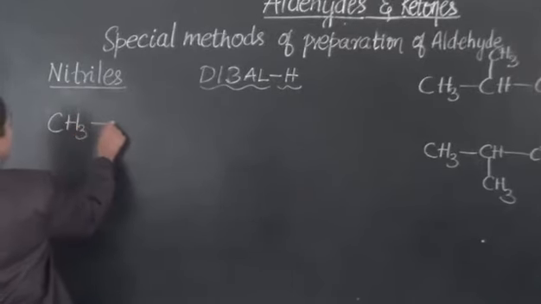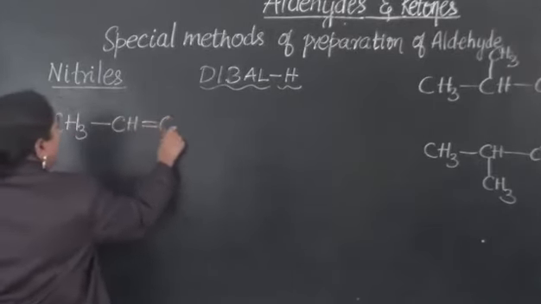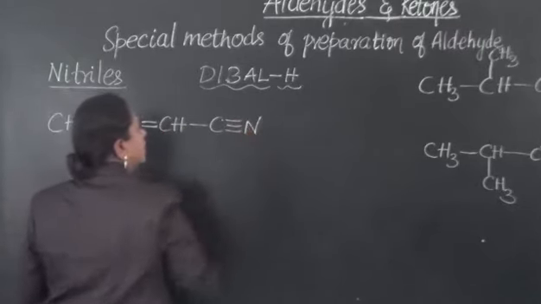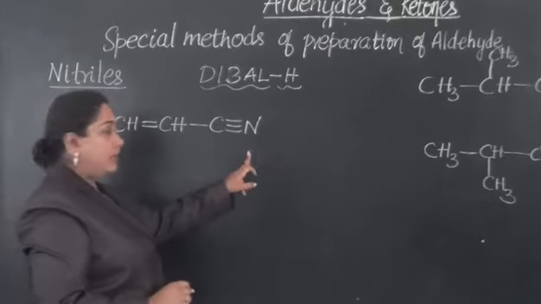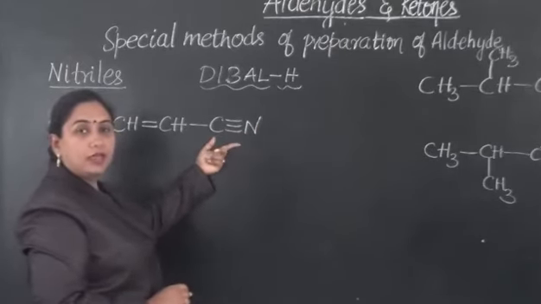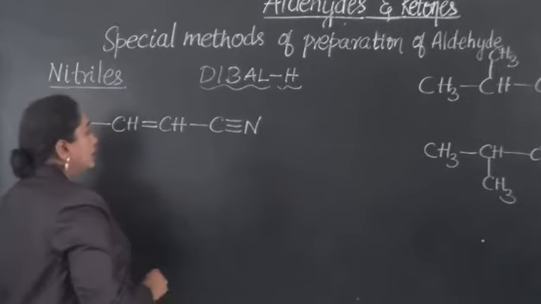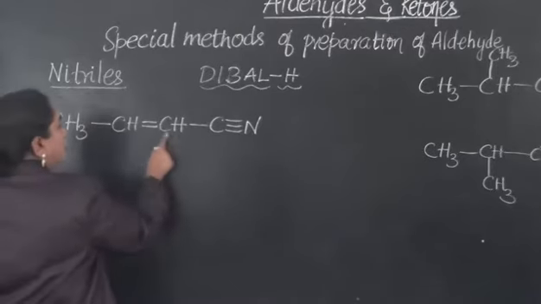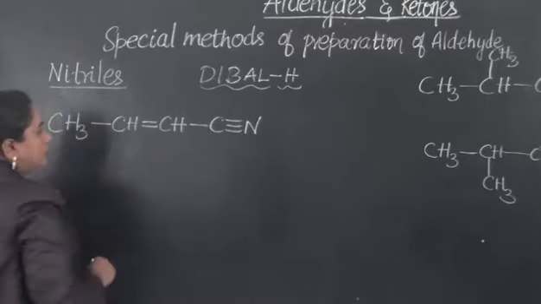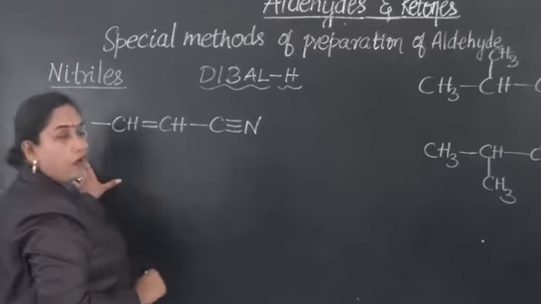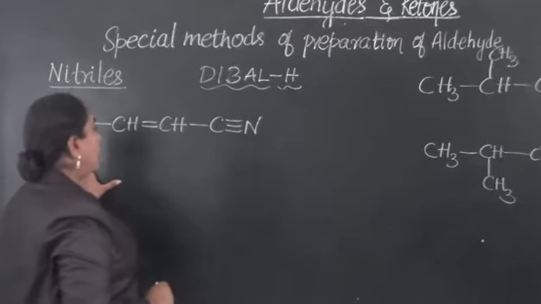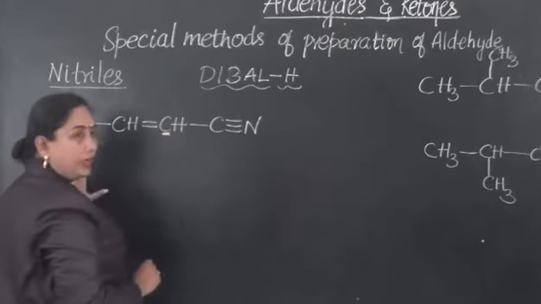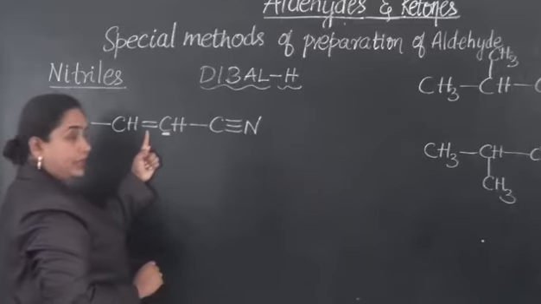CH3, CH double bond CH, single bond, C linked with N. That means we are talking about organic cyanides, which are otherwise called nitriles. The name of this compound: 1, 2, 3, 4. We find the presence of 4 carbon atoms, and with respect to the second carbon atom, there is a double bonded linkage.